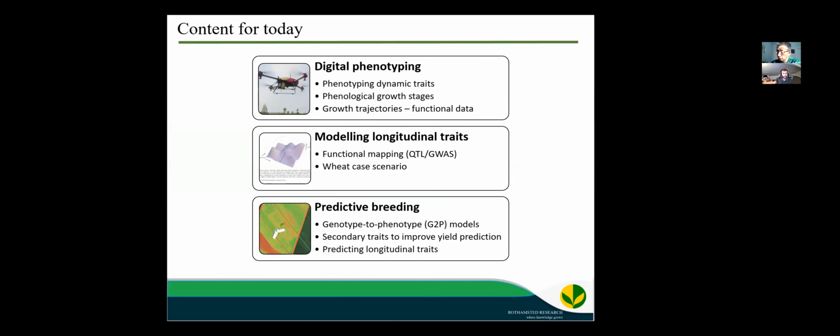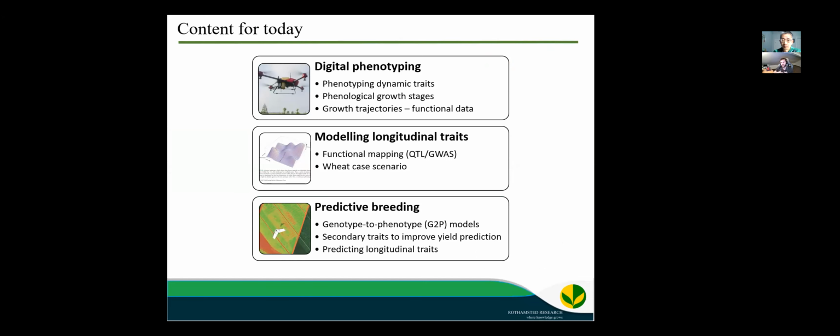What I brought for you today is structured in three main sections. First, digital phenotyping, going through what's going on in the phenotyping of these dynamic traits.